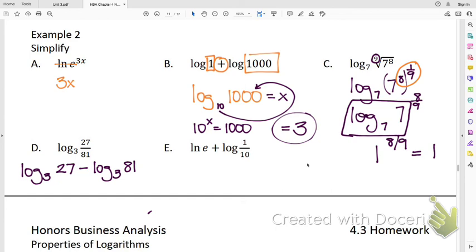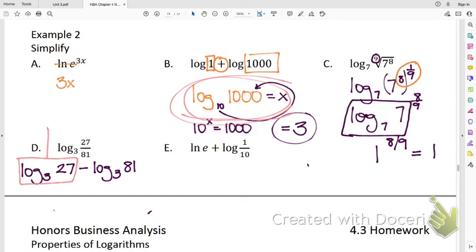Now, I'm going to point us back to B. If I don't know how to simplify a log, I take it like I did in B and I switch it into exponential form. Okay? Now this time I have two logs, but let's just handle one at a time. Okay? So let's look at this one. If I don't know what that simplifies to, pretend it's equal to x in your head and switch it into exponential form.